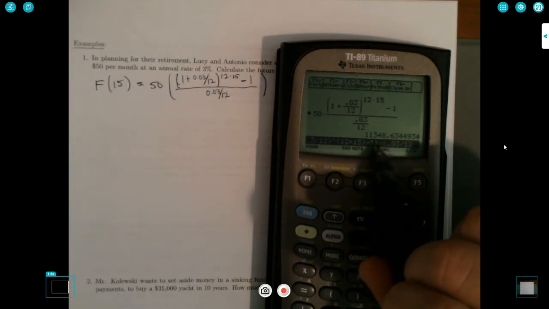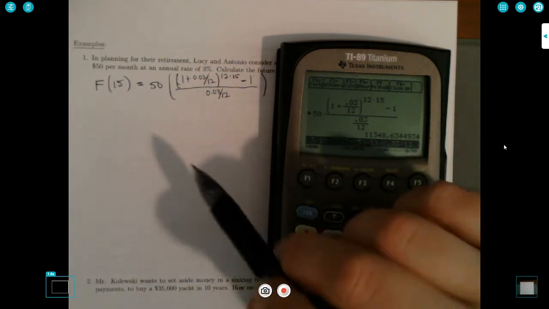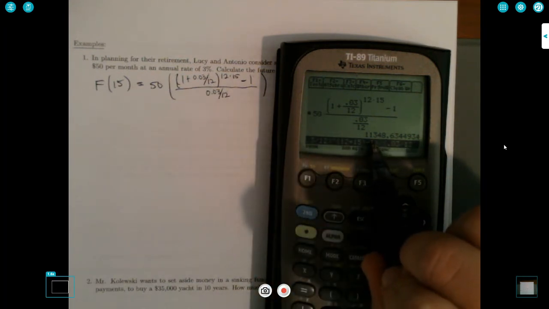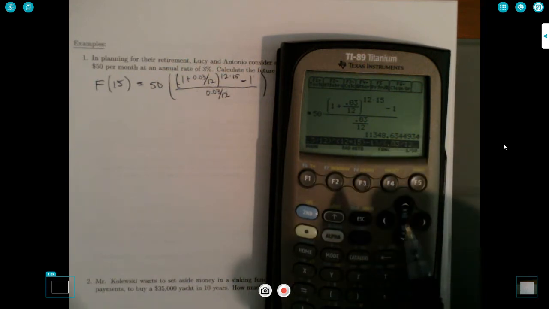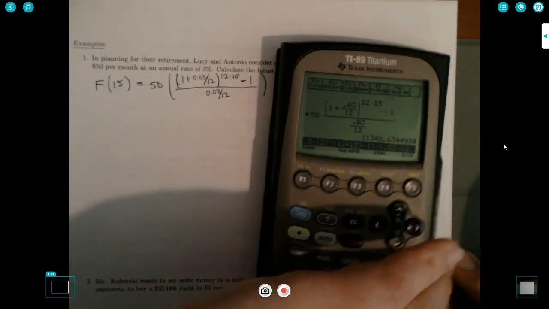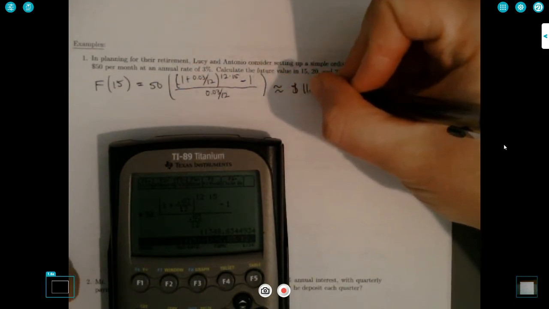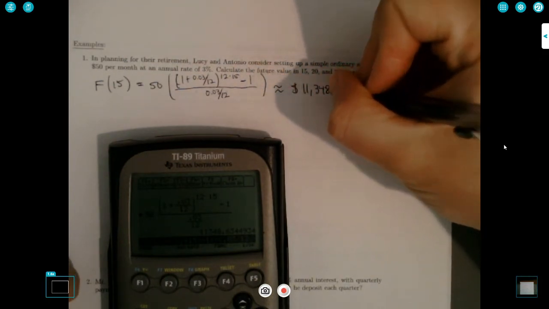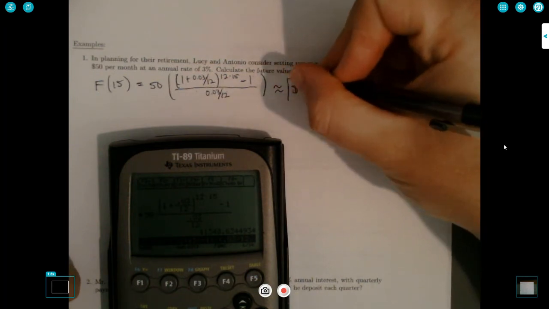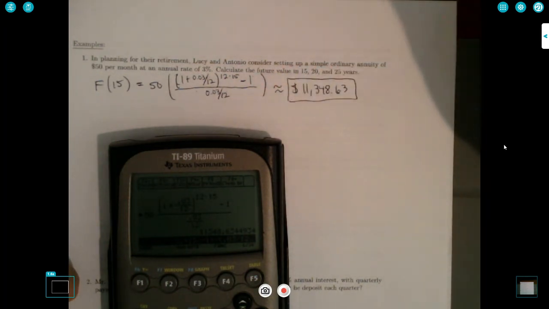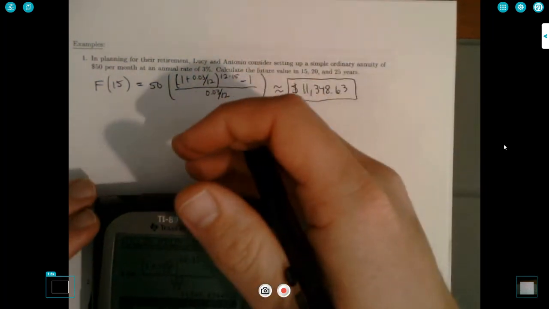There's the future value. So after 15 years, they will have approximately $11,348.63. So that's after 15 years.